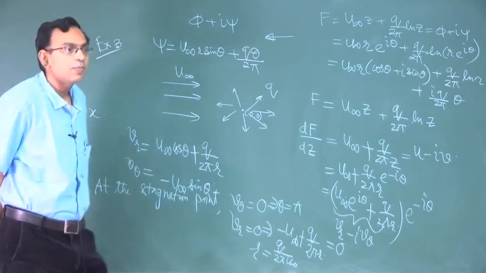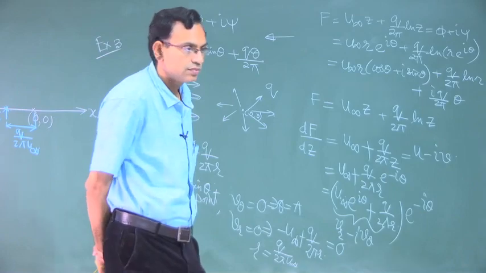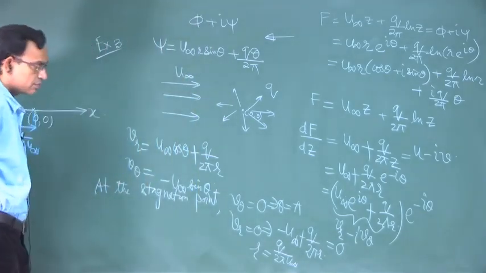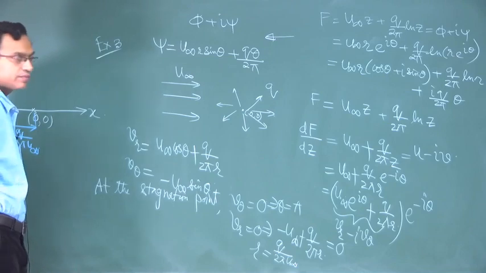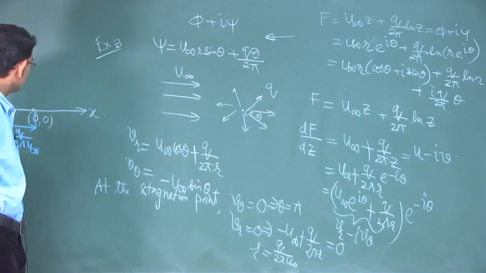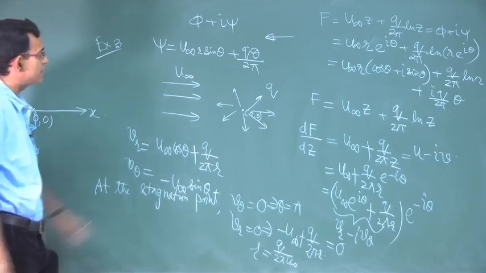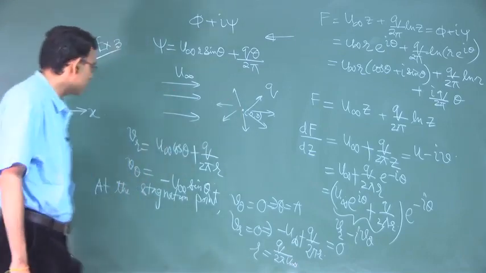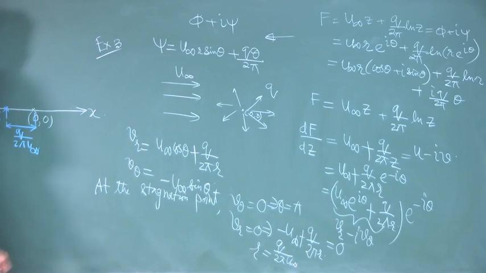So, what is the shape of the body past which this is the representative flow, uniform flow plus a source here?